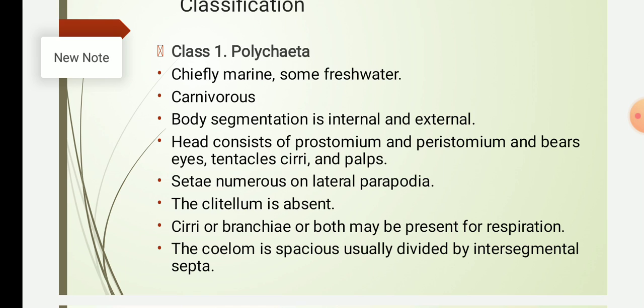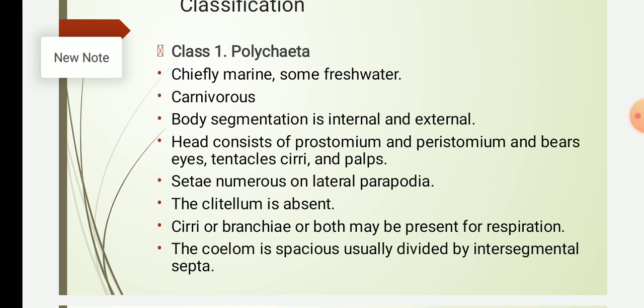Next point is that setae are numerous on the lateral parapodia. Each segment has a pair of parapodia, and these parapodia bear many setae, arranged in bundles, and hence it is called polychaeta. Then the clitellum is absent.